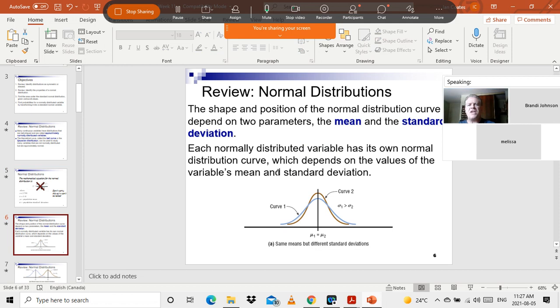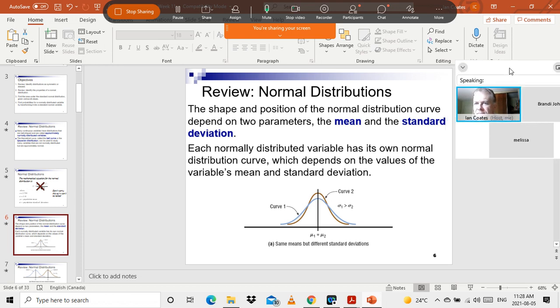The shape and position of the normal distribution curve depends on 2 parameters. Each of these bells, as we'll call them, they have a mean and a standard deviation. And you'll remember that the standard deviation is talking about the spread of the data. Ideally, we want the smallest standard deviation possible, because that means that all of our data points are around the mean.